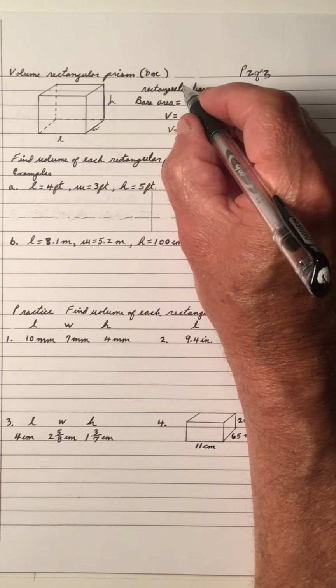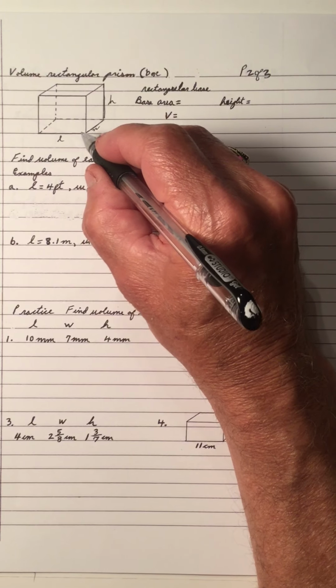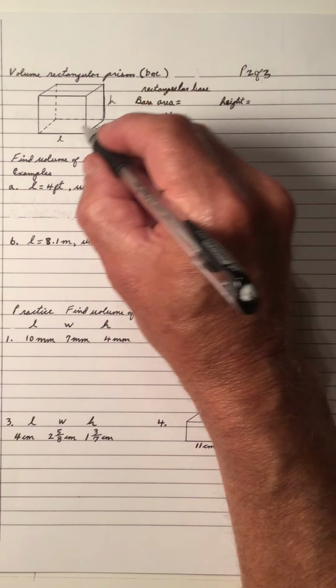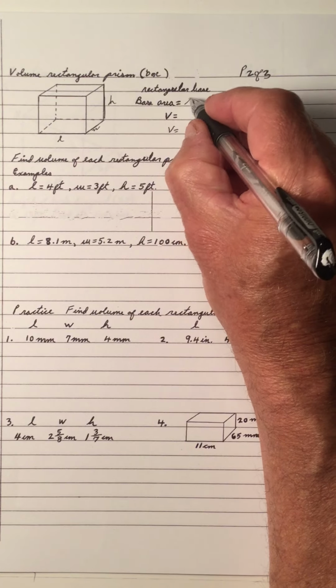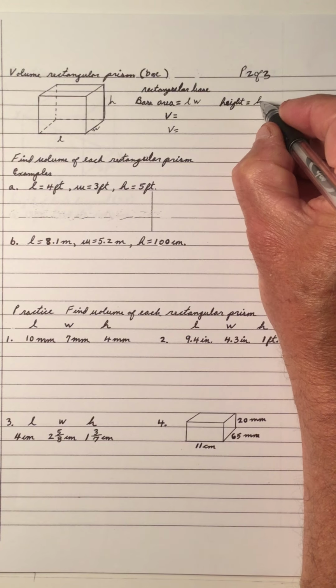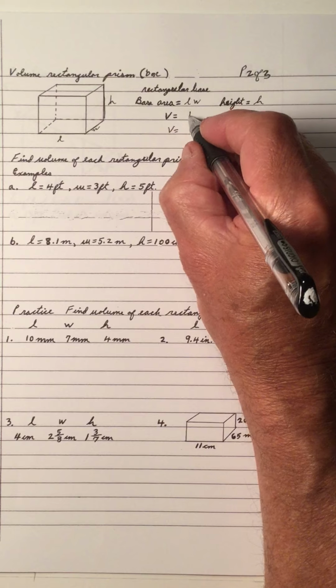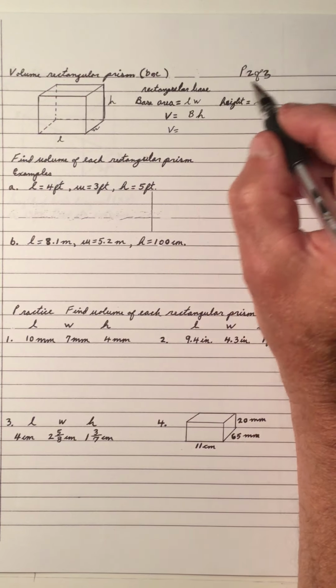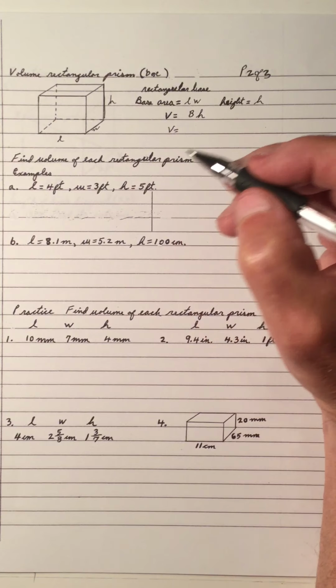So the volume is a base area moving through a distance called the height. So the base area is a rectangle, which is the length and the width. And the height is h. So the volume is base area times height. We keep doing that each time for any of the figures.